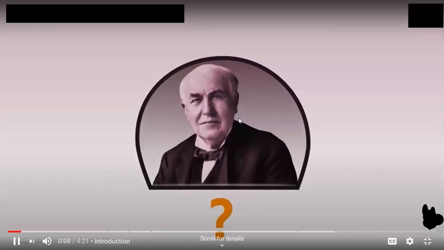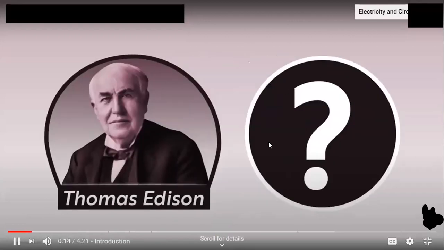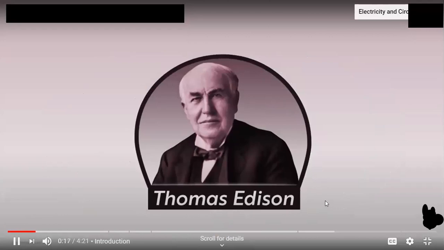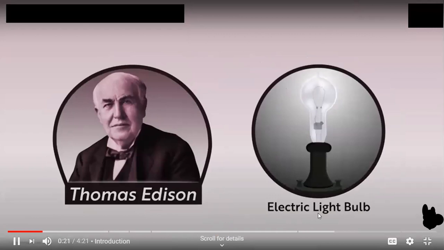You know who this is? His name is Thomas Edison. Now we see what he invented. Thomas Edison, the scientist, invented the electric light bulb, which is a source of electric current.